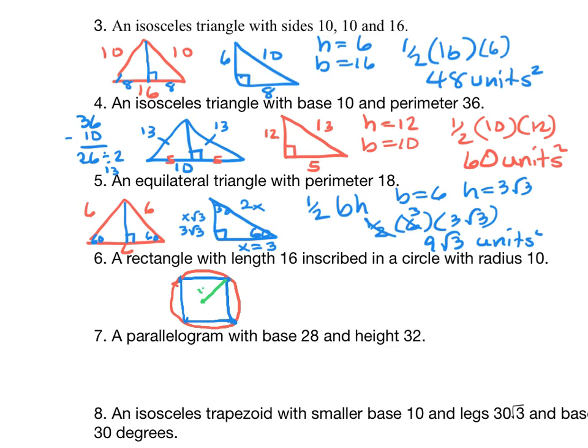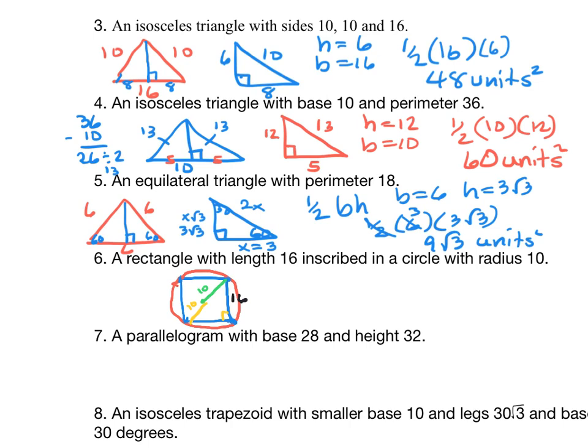So if the radius is 10, and it says it has a length of 16, put 16 here. So I could also extend over here and say this is also 10. So now realize that we've got a right triangle here. So now we could do Pythagorean theorem.